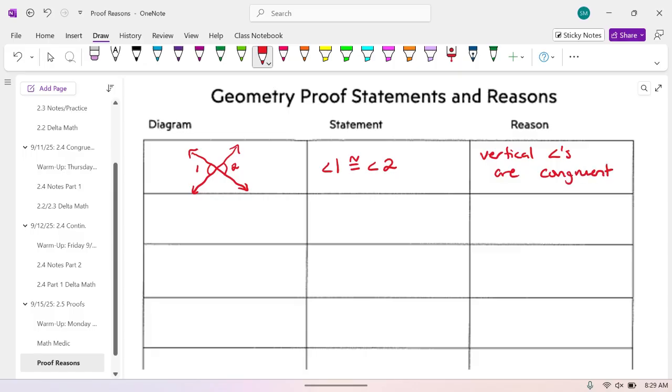We don't just say that they're vertical angles. That's implied. We have to say that vertical angles are congruent. We can't just say, oh, it's because they're vertical angles. No, we have to say, well, mathematically speaking, we know that vertical angles are congruent, so they have to be congruent.